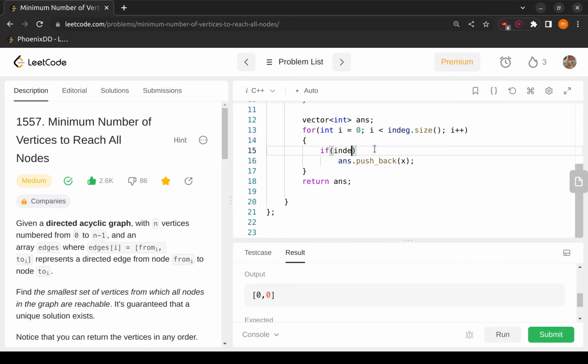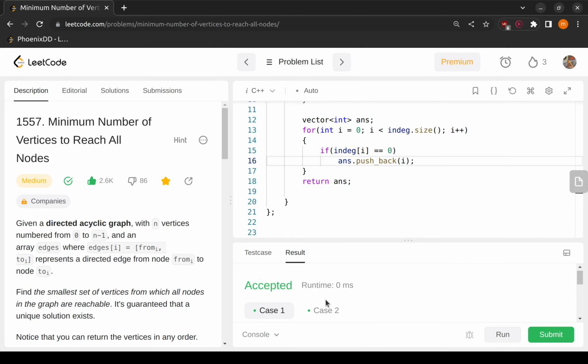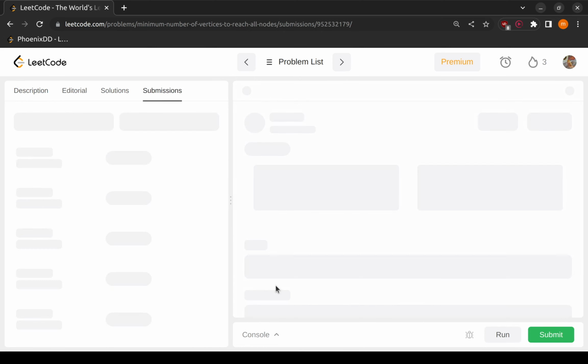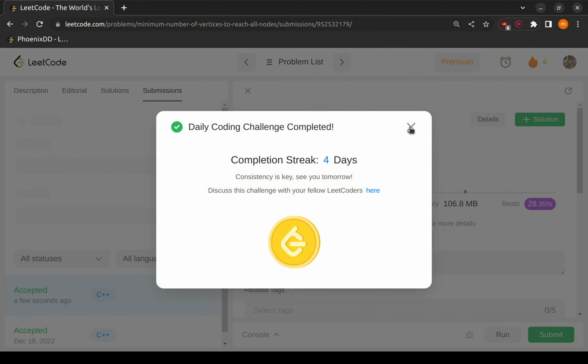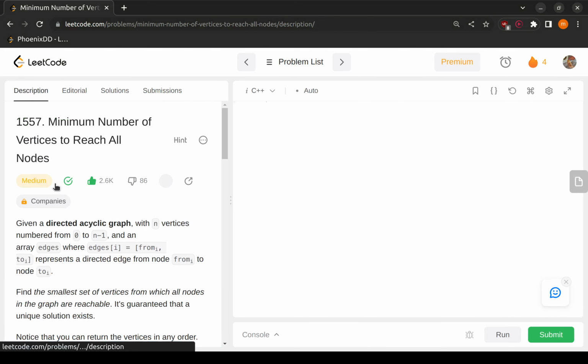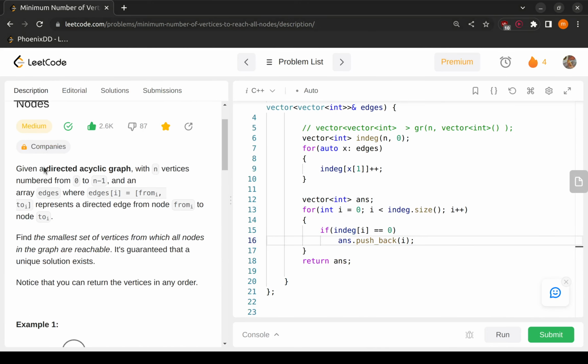Otherwise, I'll just keep pushing 0. Yeah, so a follow-up question can be, first let's try to submit this. Okay, it got accepted.